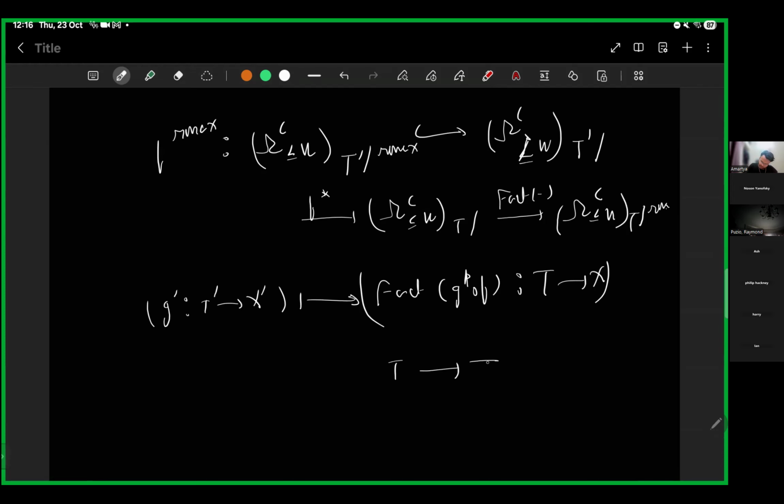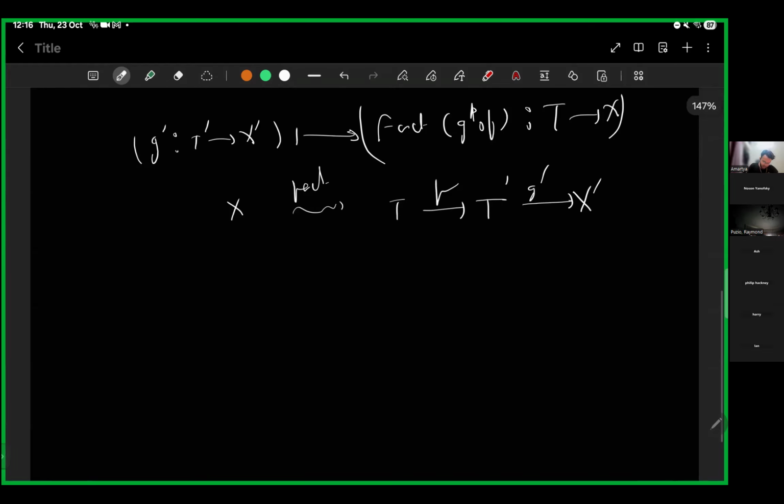T goes to T dash, so X is the factorization of this.